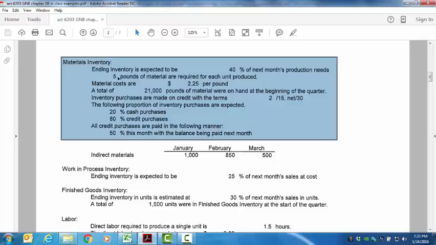Our estimates say that each unit should take 5 pounds of material. Now, just like earlier when I said that we were working under a very simple assumption that we're only selling one product, one unit, I'm also working under the assumption that this product only requires one type of material.